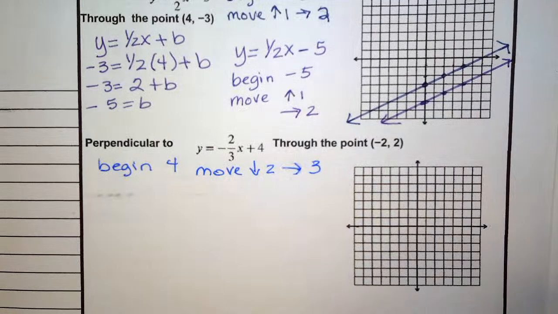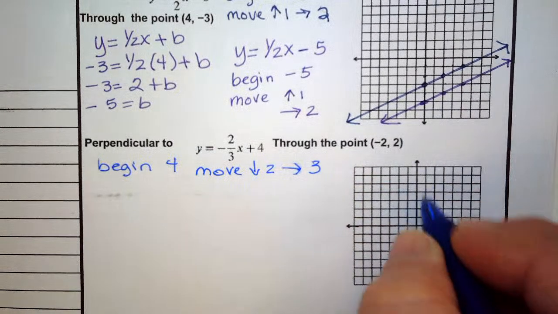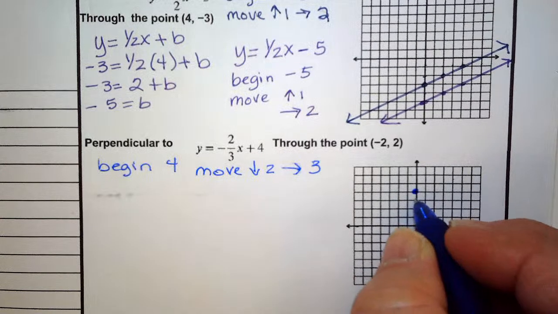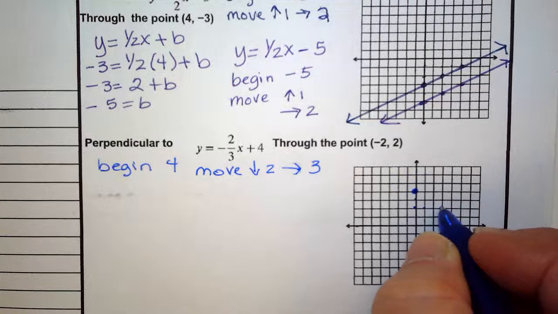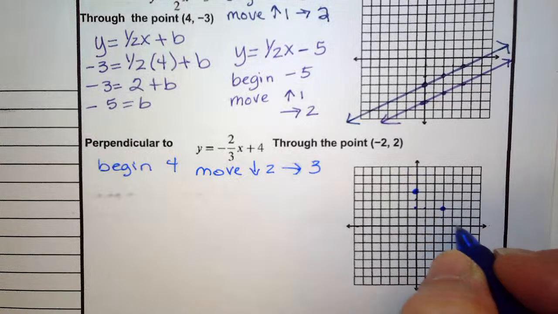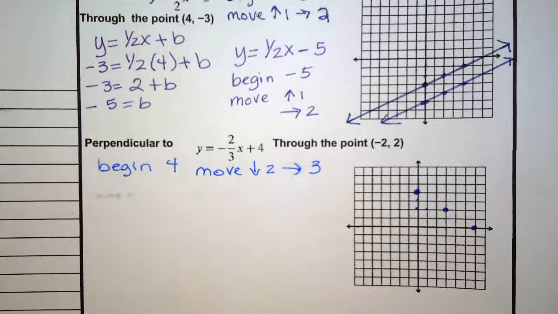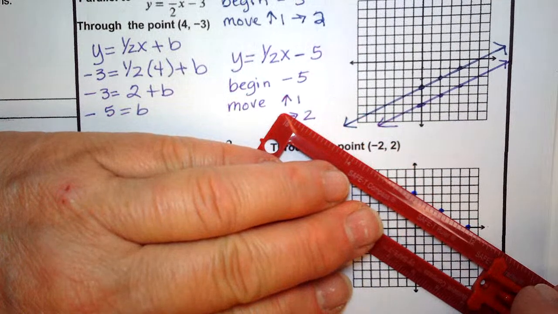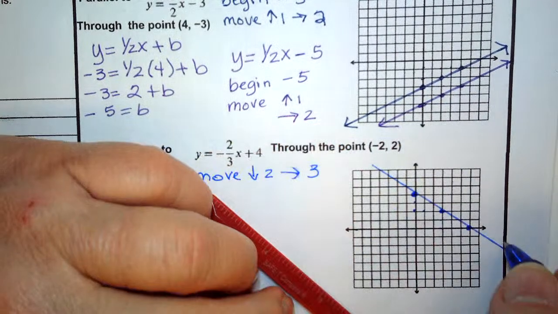But unless I have to do it opposite of what I can see. So I start at 4. 1, 2, 3, 4. Go down 1, 2, right 1, 2, 3. Once again, I did another point so I can make those lines a little bit better. And here is my first line.